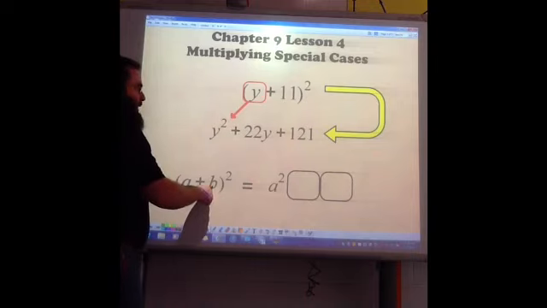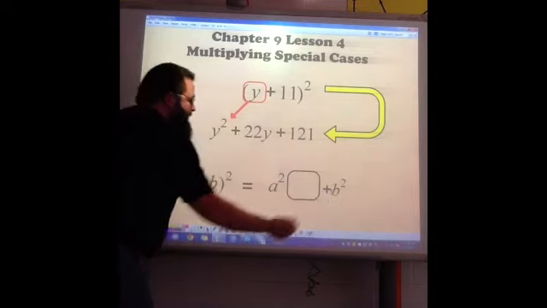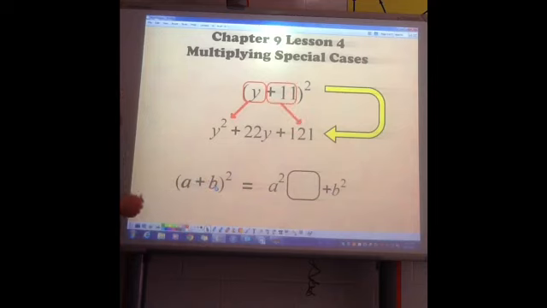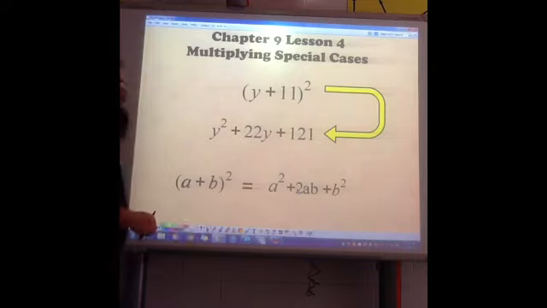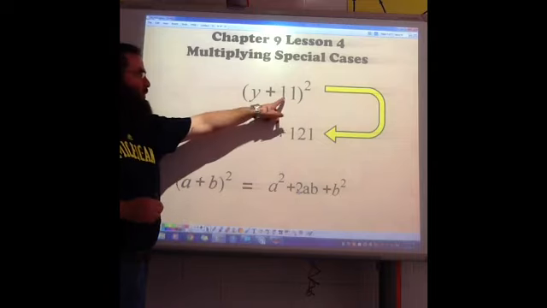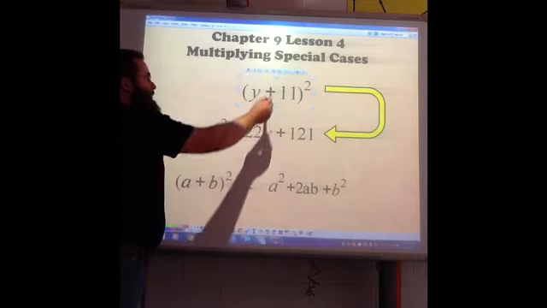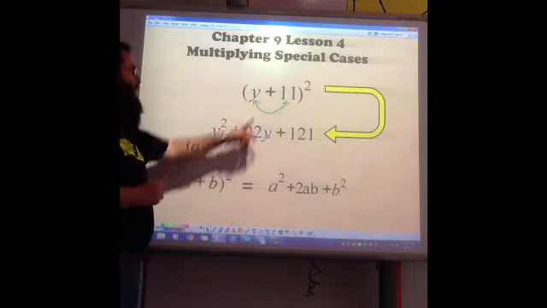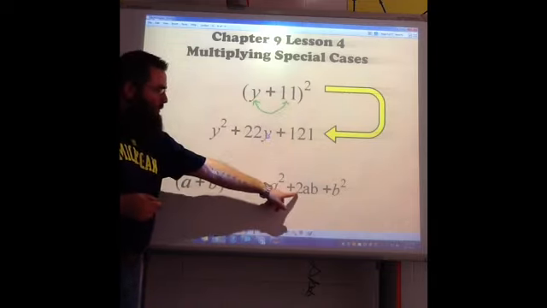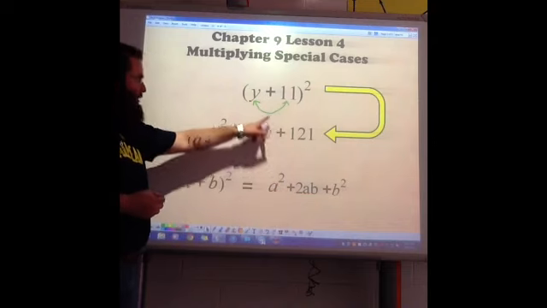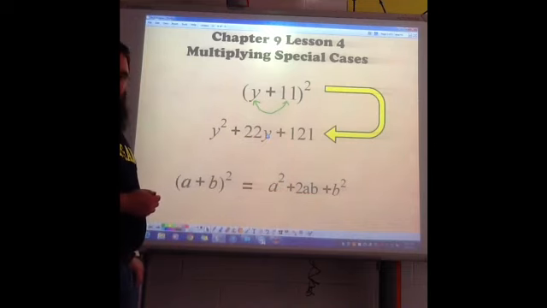We get our b squared, the 121, by squaring 11. 11 times 11 is 121. Then the middle, 2ab, means you have to multiply these two together. y times 11 gives you 11y, but remember you have to double that. When you double that, it gives you your 22y.